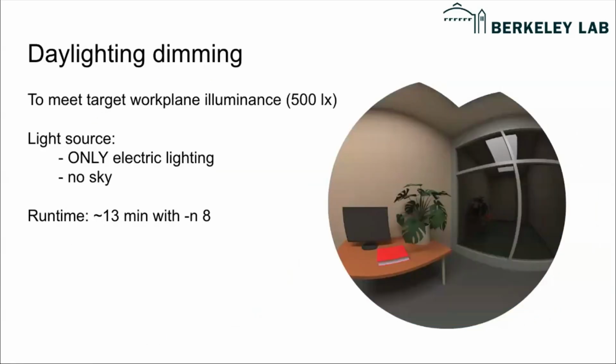And then this one, I render it with only daylight dimming to meet the target work plane illuminance of 500 lux. So in this particular rendering, there's only the electric lights, and there's actually no sky in here. The runtime for this one takes longer, I think because of the spectral luminaire material. This one takes like 13 minutes.